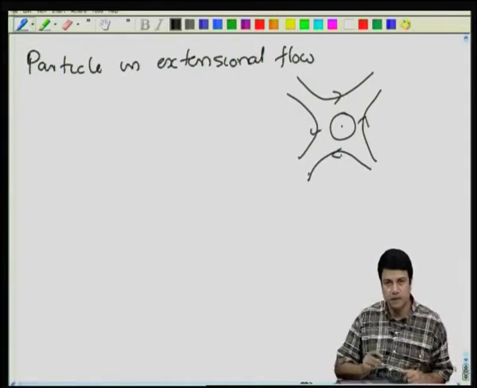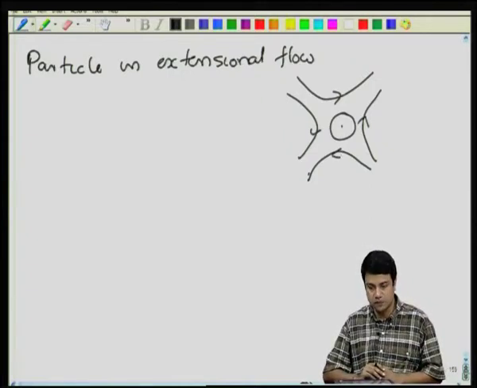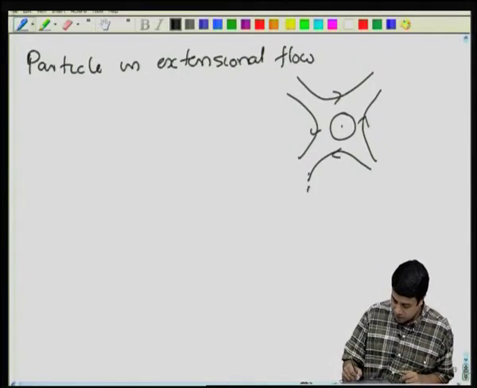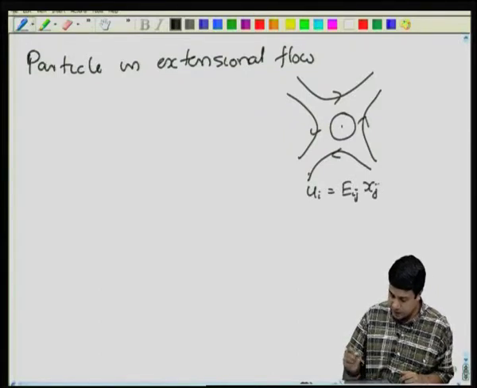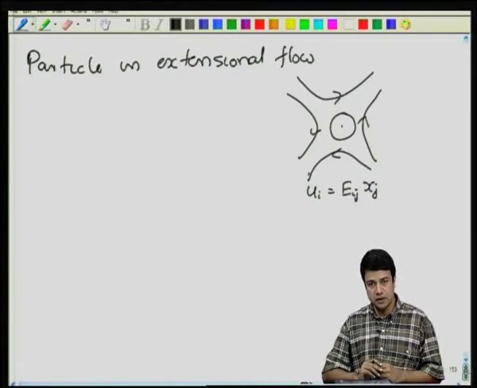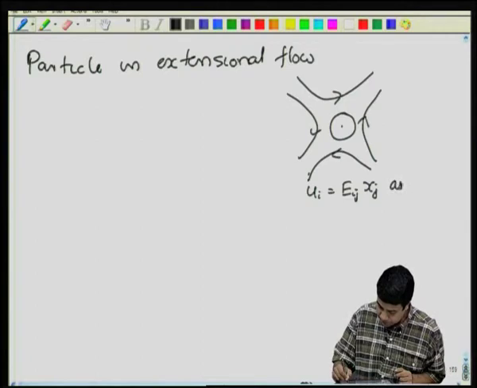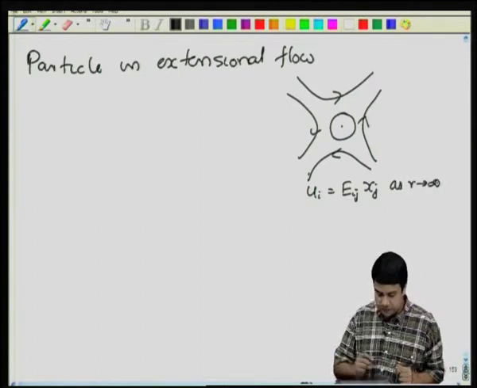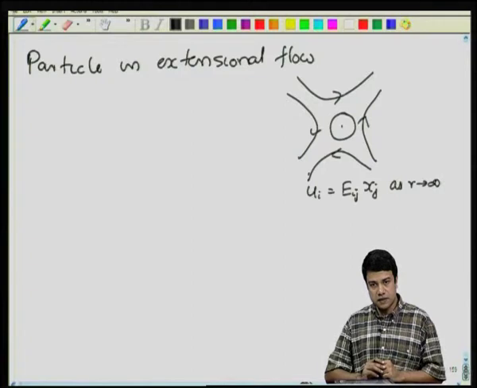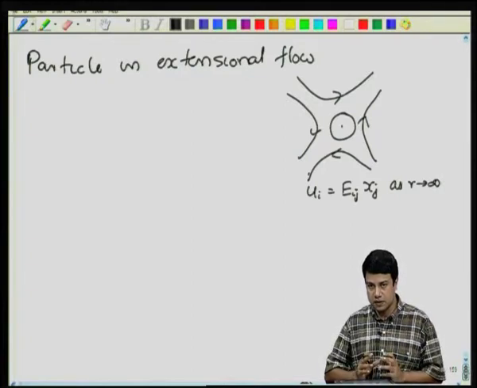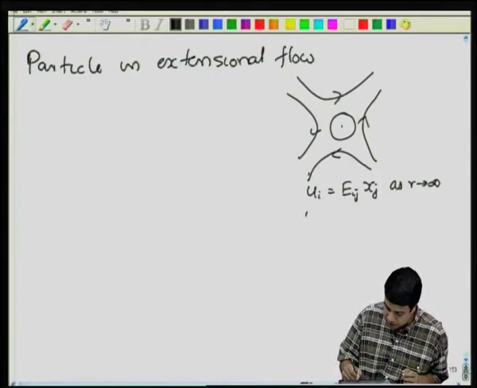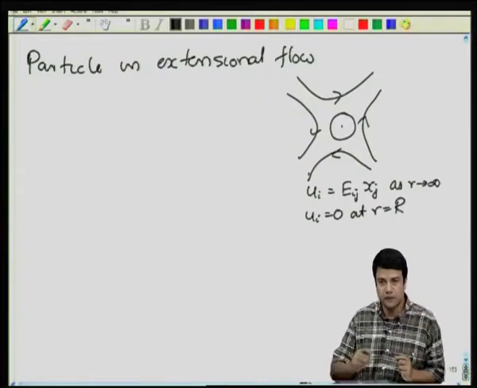I have a particle in an extensional flow field far away, and the velocity u_i is equal to E_ij times x_j. That is the extensional flow field in the limit as r goes to infinity. And at the surface itself, because it is rigid, there is no rotational part, so it is not rotating. Therefore, the velocity field itself has to be equal to 0 at the surface at r equal to capital R.